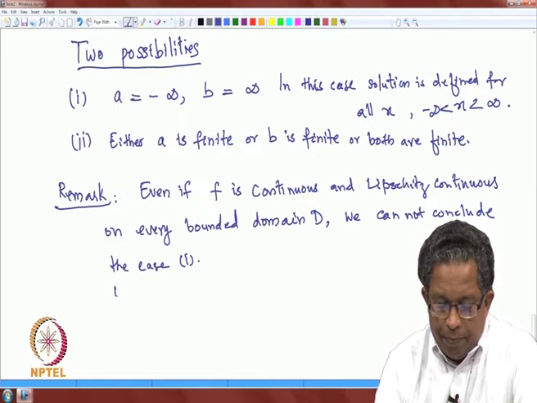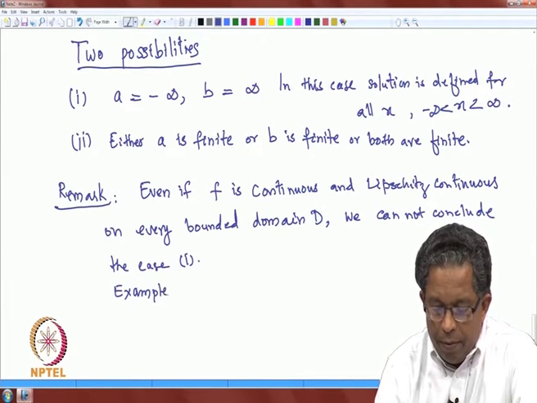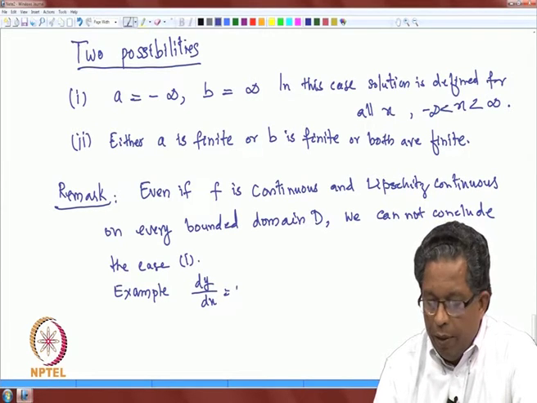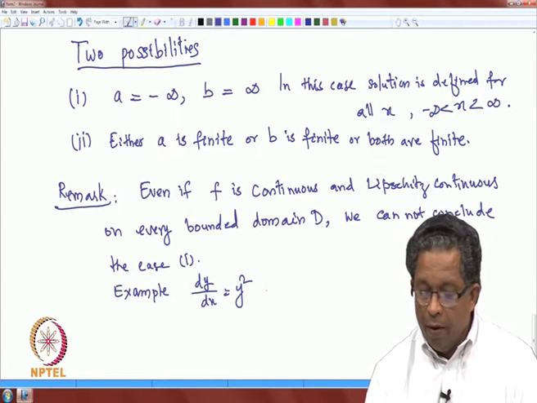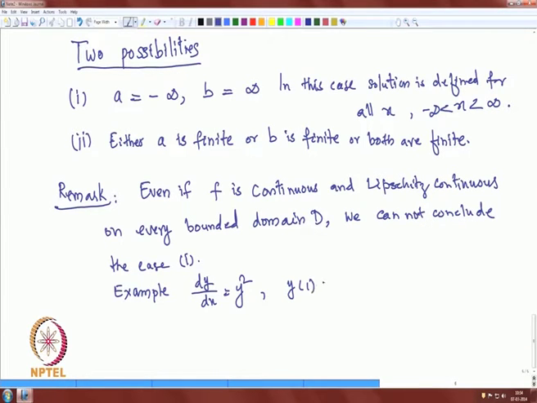Taking the same example of dy by dx is y square, if we choose an initial condition, say y at 1 is minus 1, we have seen that the solution exists, y of x which is minus 1 by x.